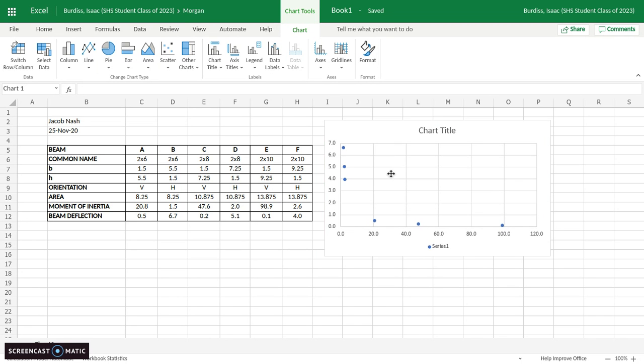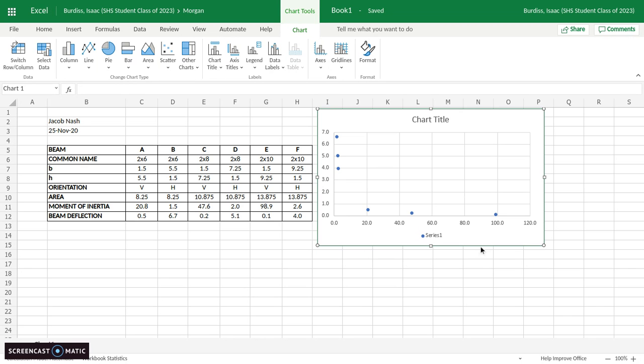You saw how I created the graph, so that's what you need to do. We need to have the axis titles, and we need the main title, the chart title. But for some reason, it's not letting me change it. It's a little bit different than on the app.